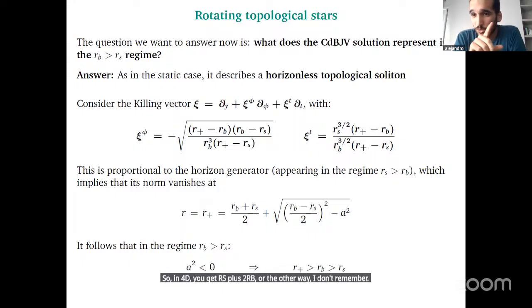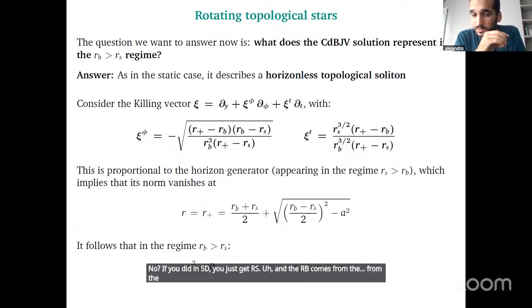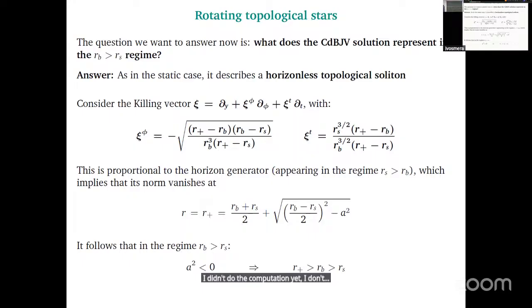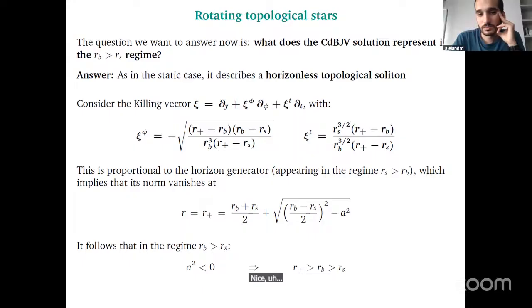If you do it in 5D, you just get RS. And the RB comes from the warping, from the Kaluza-Klein factor. I didn't do the computation yet. I don't know. So that, yeah.